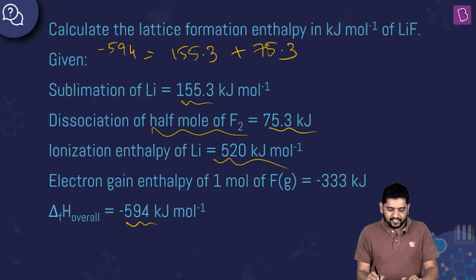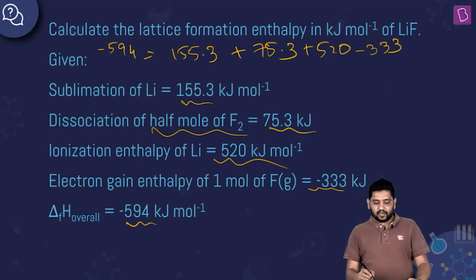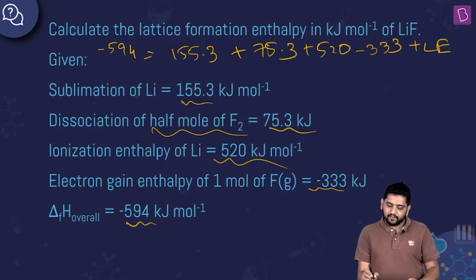Then ionization of lithium, which needs 520 kilojoule, and the electron gain enthalpy of 1 mole of fluorine gas is minus 333, which means energy is released. And then there is the lattice formation enthalpy, which is the last step, and this whole thing should equal the net enthalpy of formation.